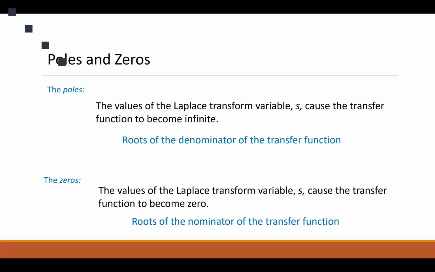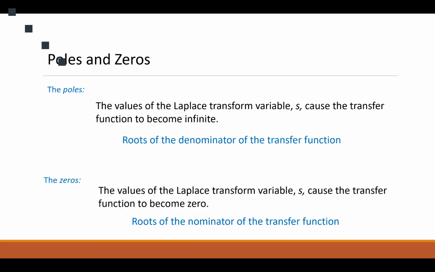Now, we want to introduce in this chapter two new concepts. One is the concept of the pole, another one is the concept of the zero. When you have your transfer function, the numerator and the denominator are algebraic equations.